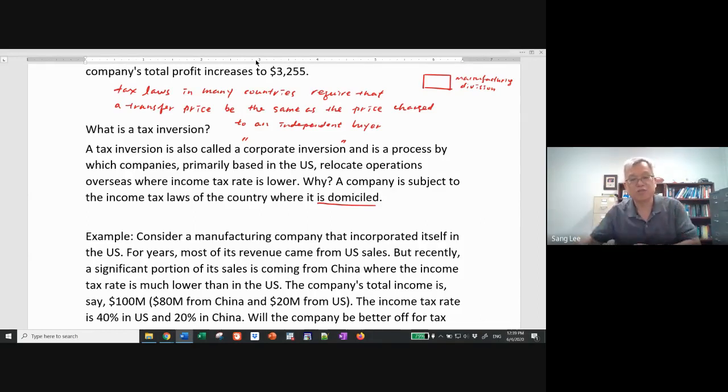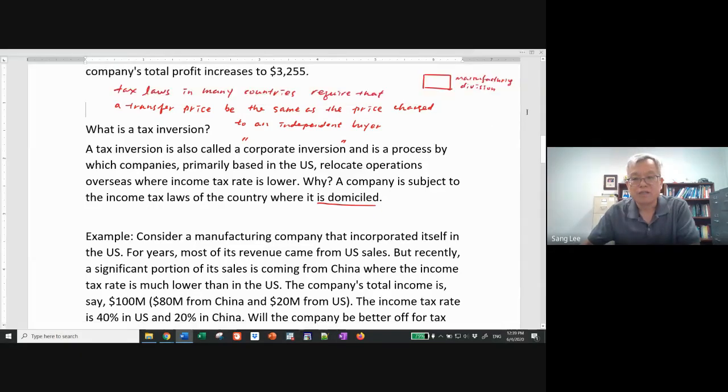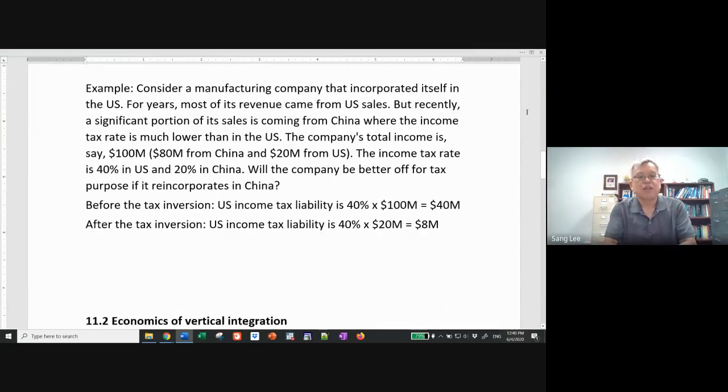So again, we're going to use a more concrete example here. Consider a manufacturing company that incorporated itself in the US. So the company started off as an American business. For years, most of its revenue came from US sales.